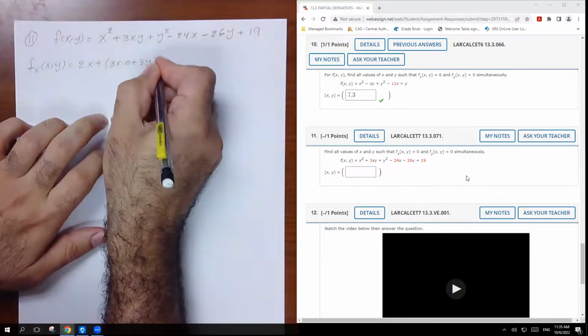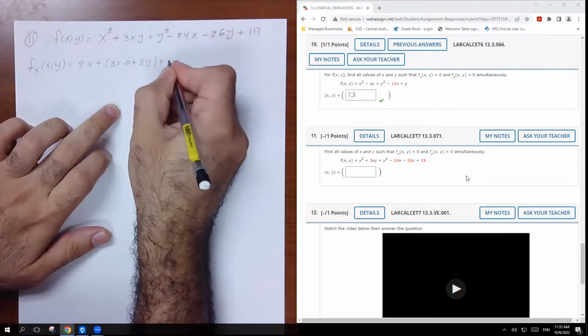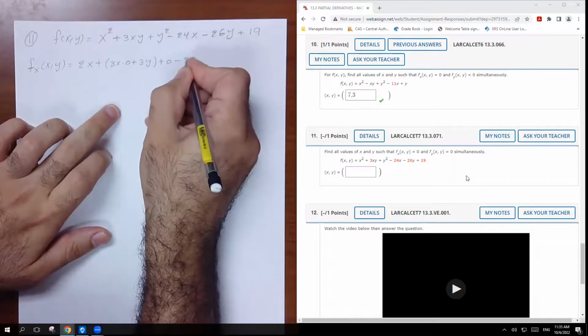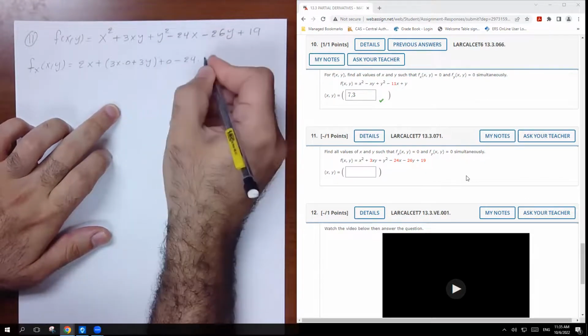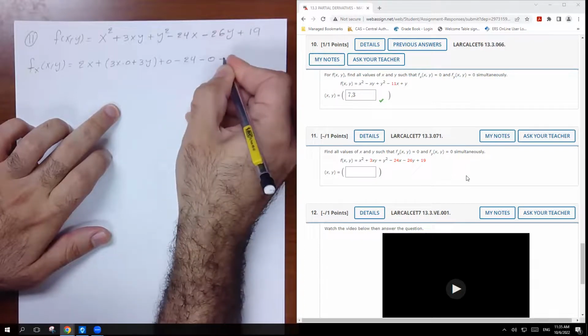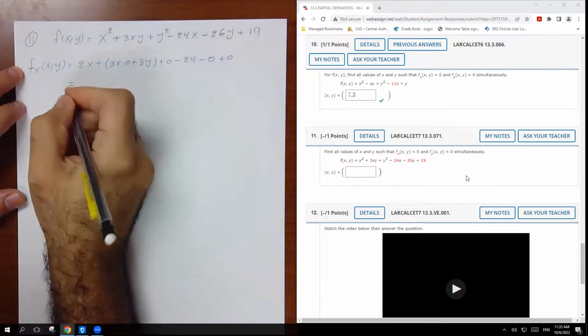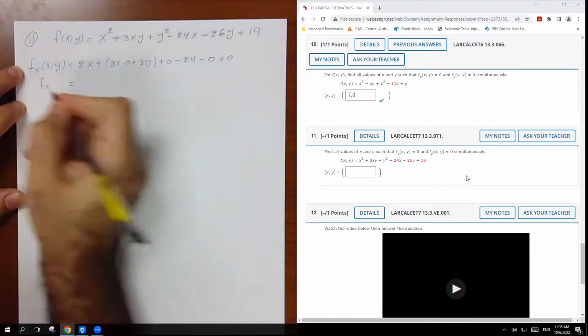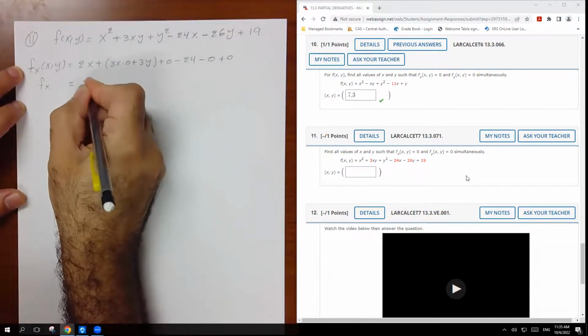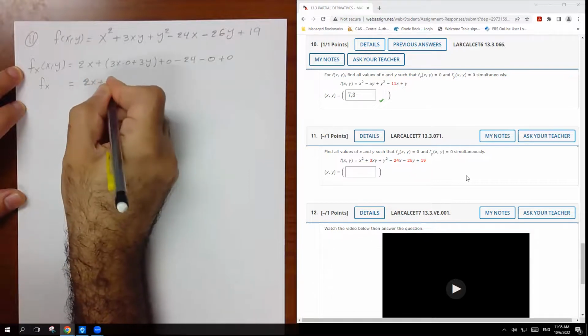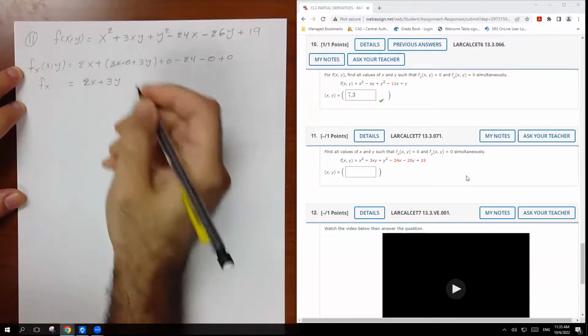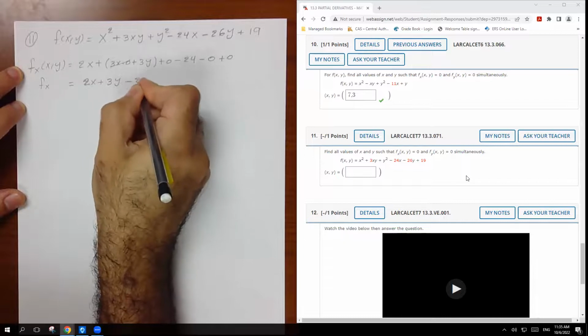Plus this is 0, minus 24, minus 0 plus 0. That means f sub x is going to be 2x plus 3y minus 24.